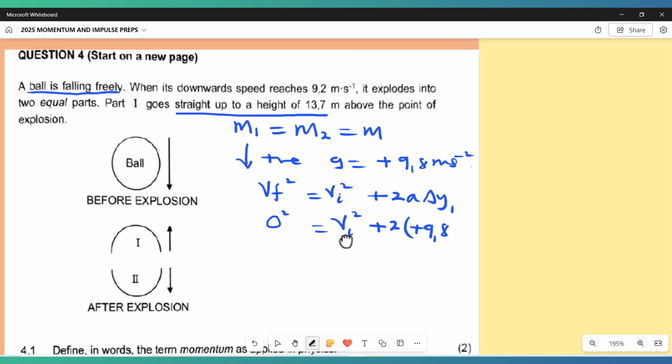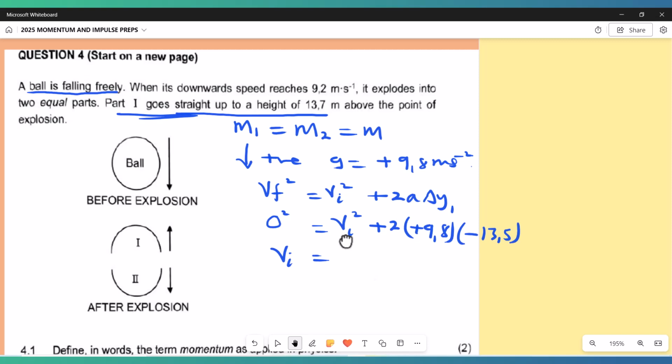Now because I chose down as positive and part 1 was going straight up, the change in displacement is going to be negative, negative 13.7. So from here, what's my V initial? If I find the square root, being negative, it's going to be multiplied and become positive.